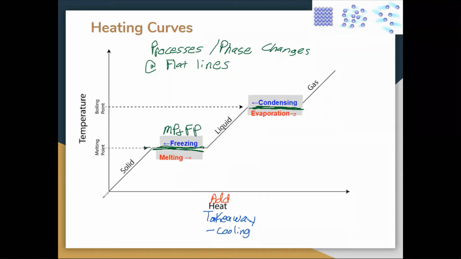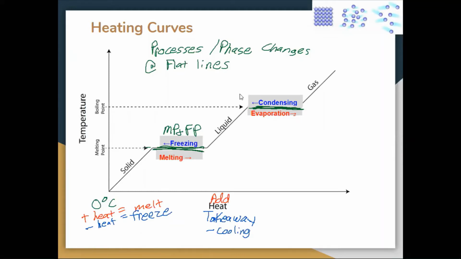If you want to relate this to water at 0 degrees Celsius, if I'm adding heat, that means it's going to melt. Versus at 0 degrees Celsius, that same temperature, if I'm taking away heat, that means it's going to actually freeze. But all of those happen at the same temperature. So 0 degrees Celsius is important because that's a temperature where you can have either process. It just depends on if you're adding or taking away your heat.